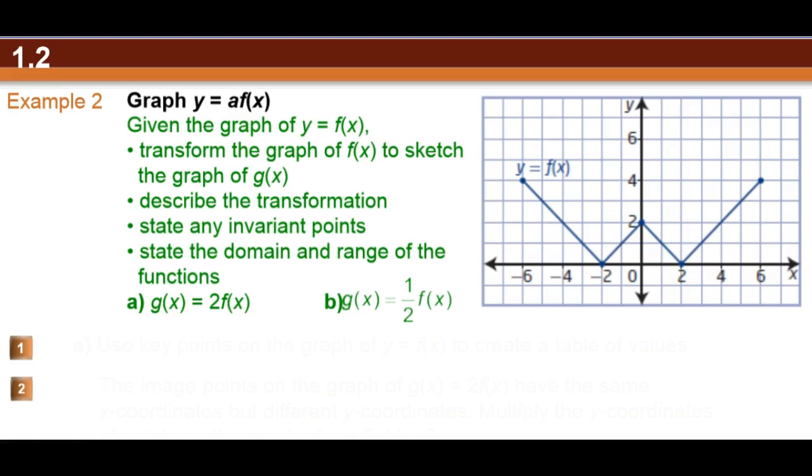Now if I'm doing the stretched version, my y points are all going to be 2 times as big, so I multiply all my y points by 2.